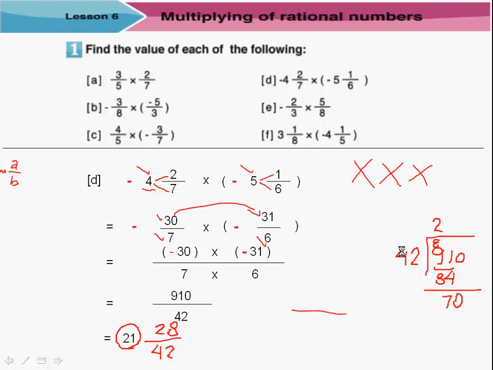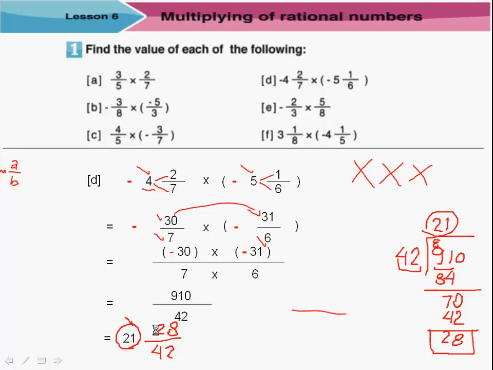So 70 divided by 42 is equal to 1. 1 times 42 is 42. 70 minus 42 is equal to 28. 28 is less than 42, so this is the remainder. Don't complete. So we have 21 as the integer and 28 as the remainder.